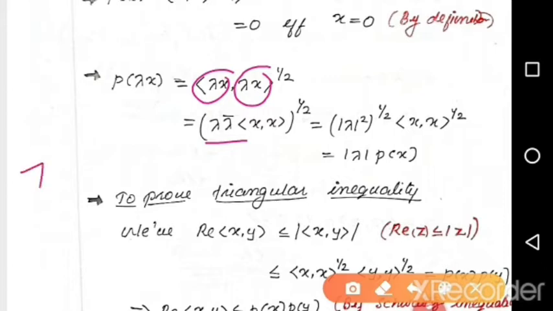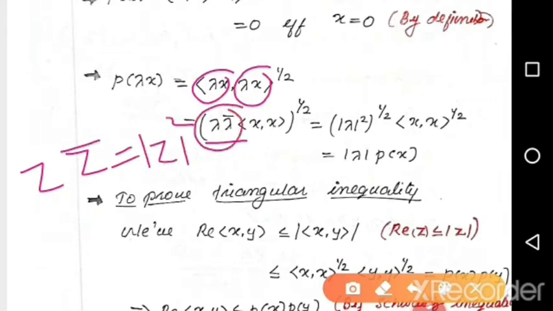Since we know that z times z bar is equal to modulus of z square, this lambda lambda bar can be treated as modulus of lambda square, whole raised to 1 by 2. That is, mod lambda into inner product of x comma x raised to half, that is, P of x. Hence, P of lambda x is mod lambda into P of x.